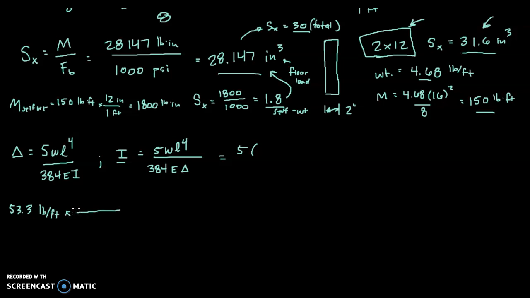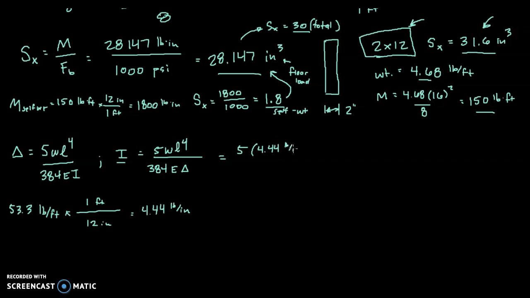For every 1 foot, there are 12 inches. So divide 53.3 by 12, and I'm getting 4.44 pounds per inch. So I'll put that into the equation up here.